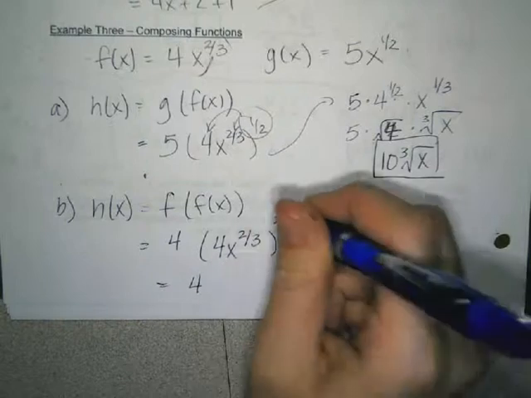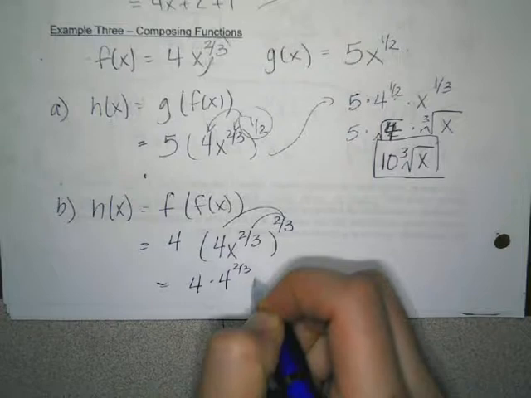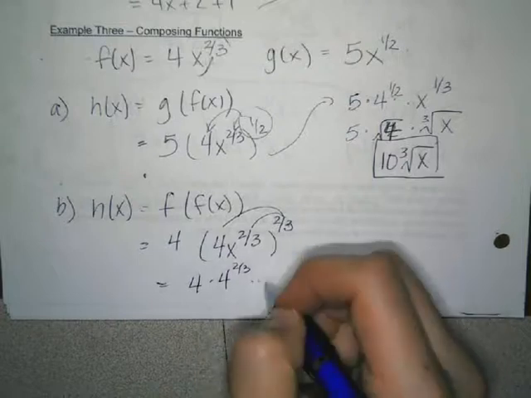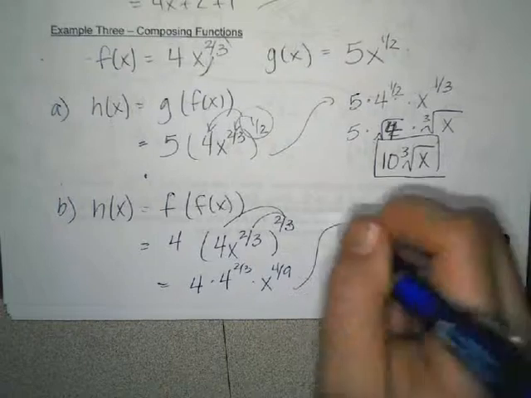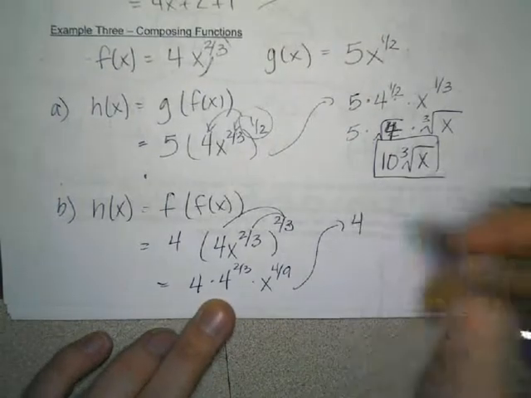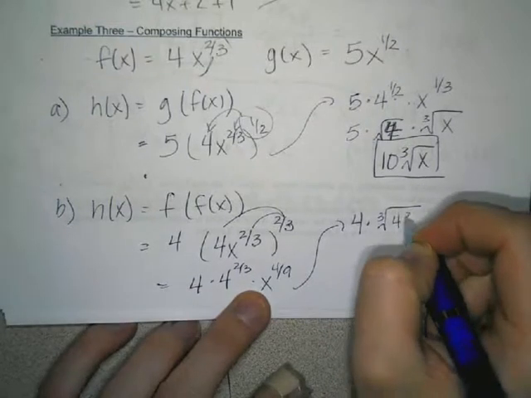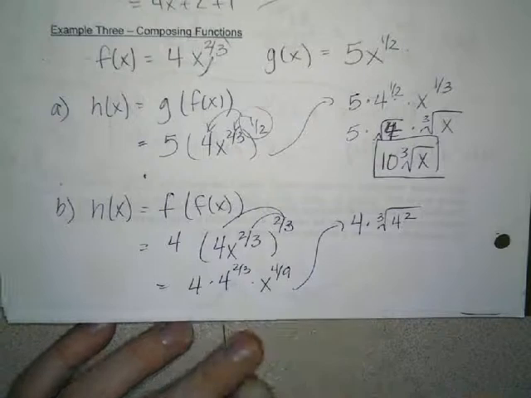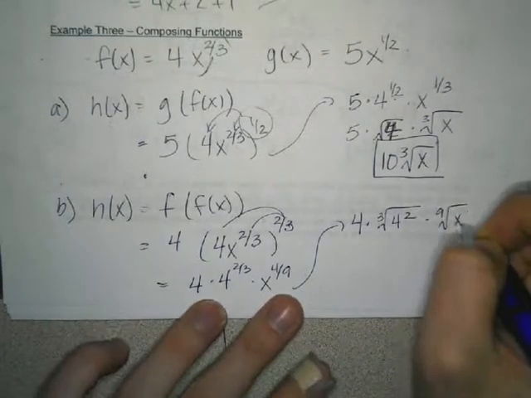Again, you have to distribute the 2/3 through, so you get 4 times 4 to the 2/3. Power and a power you multiply, so you get x to the 4/9. And there's not much simplification we can do here because you get 4 times the cube root of 4 squared, that's what this 2/3 ends up being, times the 9th root of x to the 4th.